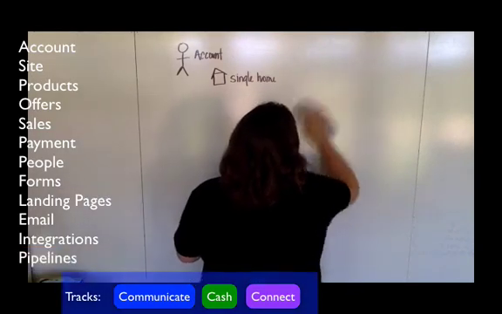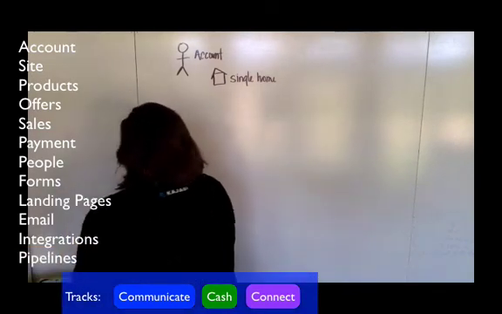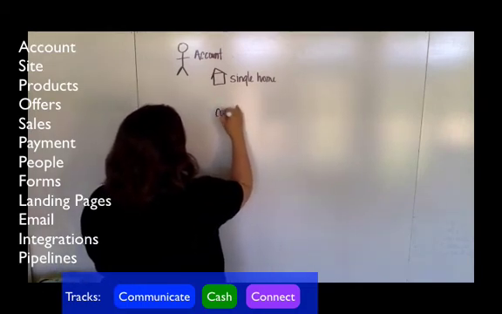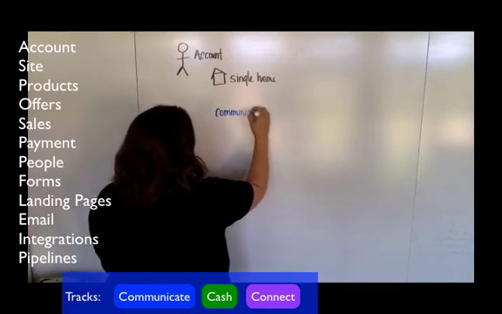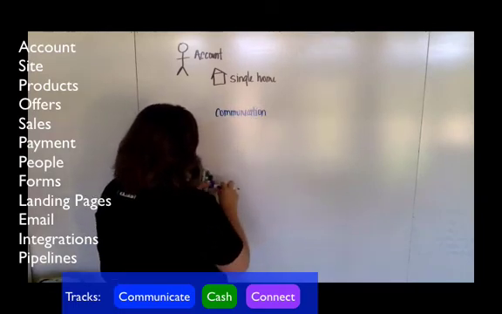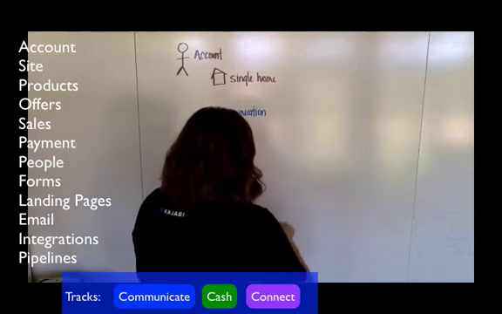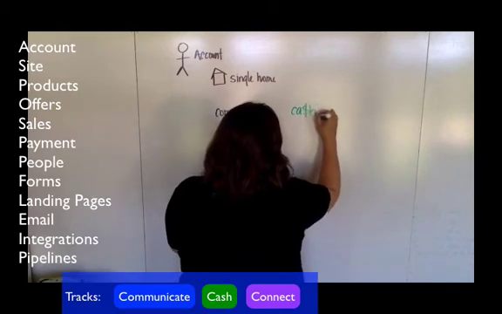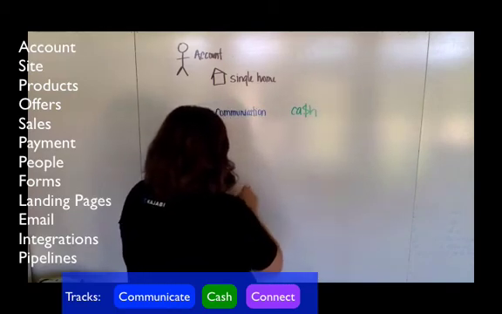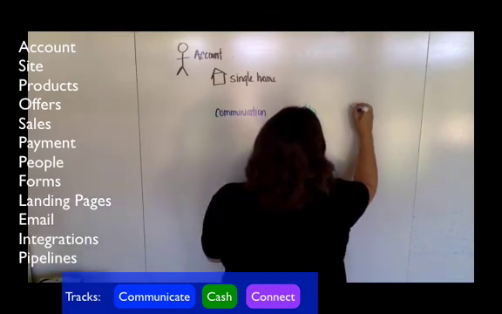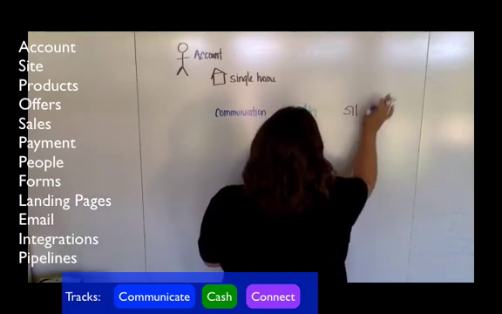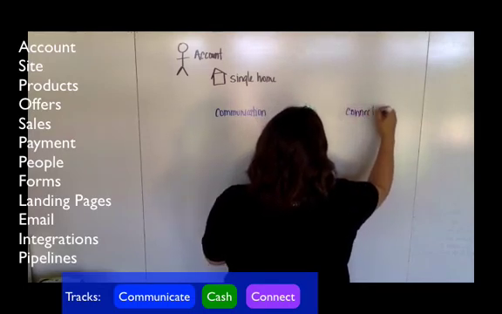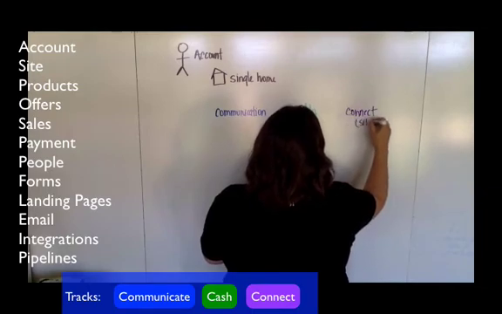So let me give you just a little preview and show you why I think there are 3 tracks in Kajabi, 3 buckets that make it understandable. And that is communication, cache, and connect. Connect is your site.